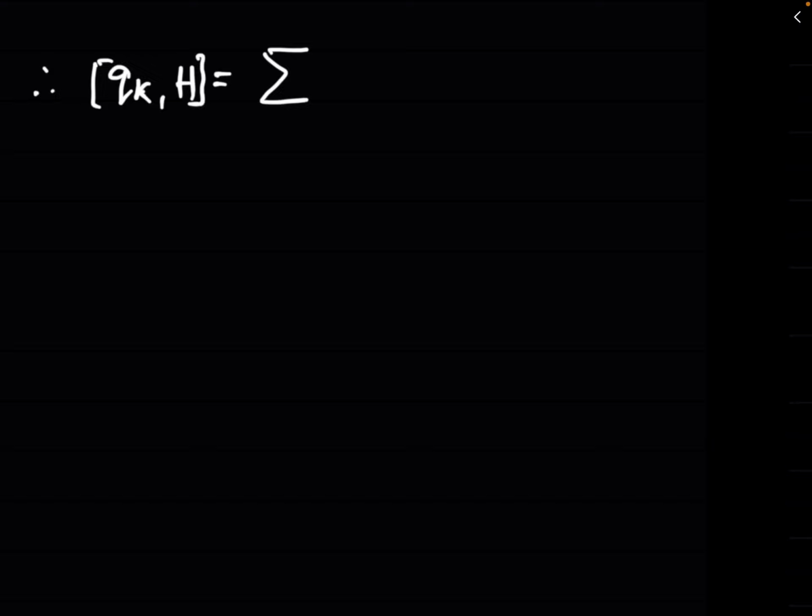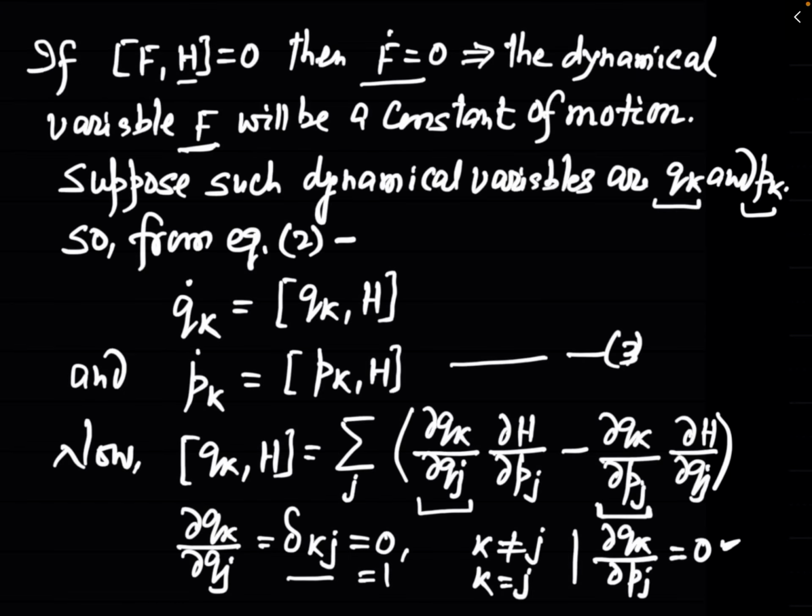You can see this is summation over J, del H by del Pj times delta Kj.